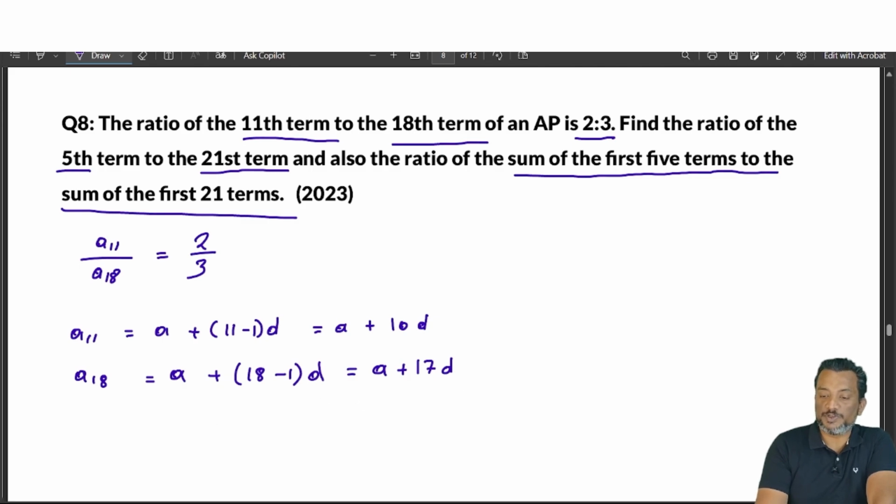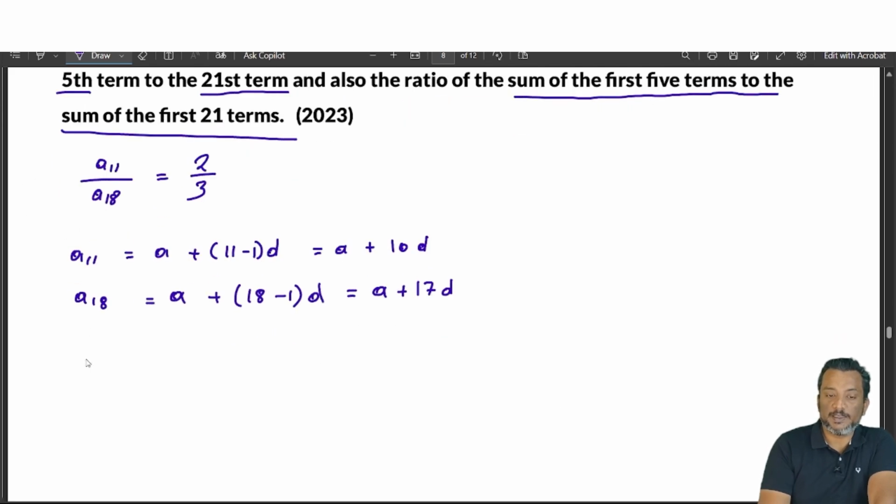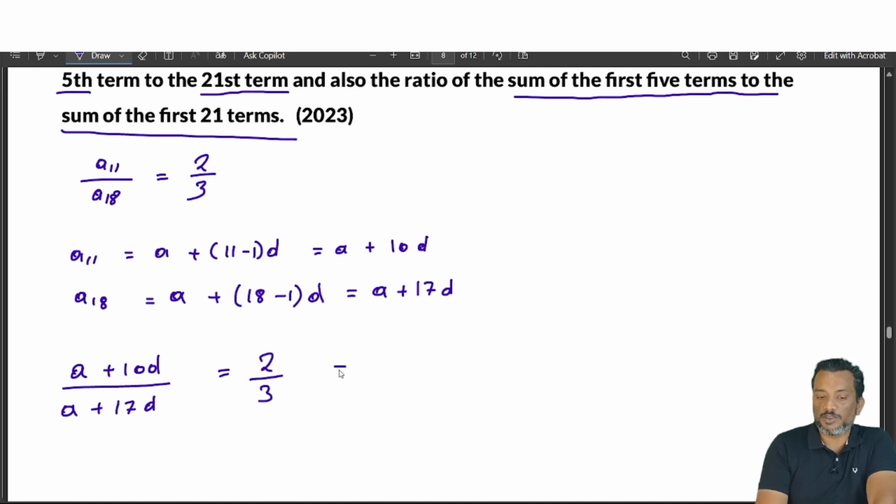Okay, now substitute both the values here. So you can say A plus 10D over A plus 17D is equal to 2:3. Now do the cross multiplication. So you can say 3 times A plus 10D is equal to 2 times A plus 17D.